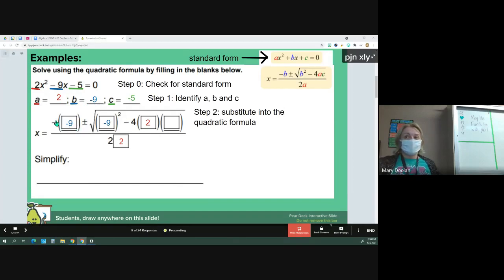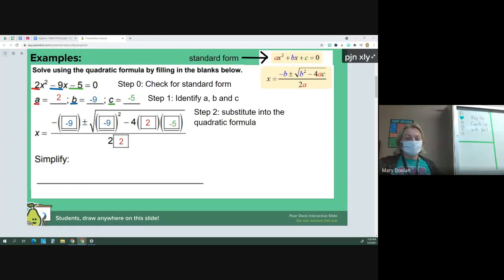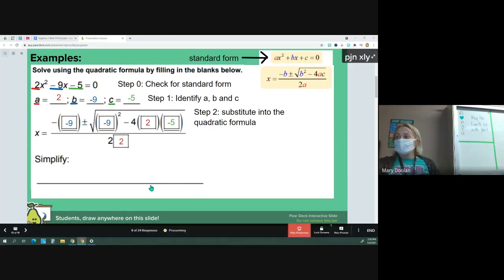We're taking the opposite of a negative, so this term is going to turn into +9. I'm still missing my value that I need in this box here, which is c. c equals -5. All right. Now we have substituted all our values in, and we're ready to go to step 3, which is to simplify.